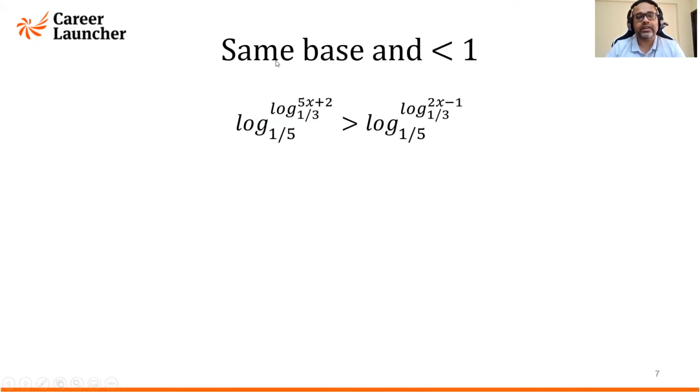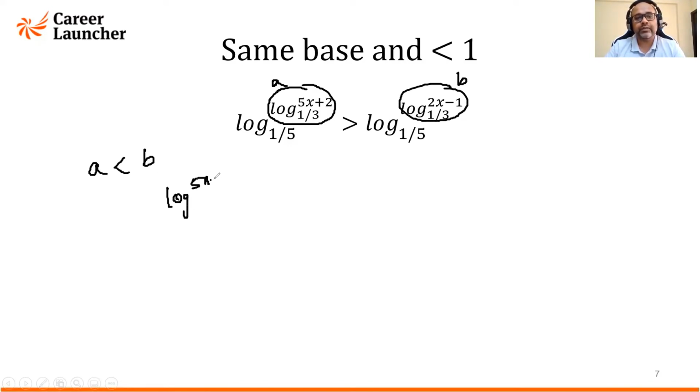Well, that's about the same base. We have a similar question here. I will very quickly take you through this. So here, clearly, this is A and this is B. Because the base is less than 1, your A is now supposed to be less than B, which means log 5x plus 2 base 1 by 3 is less than log 2x minus 1 to the base 1 by 3.